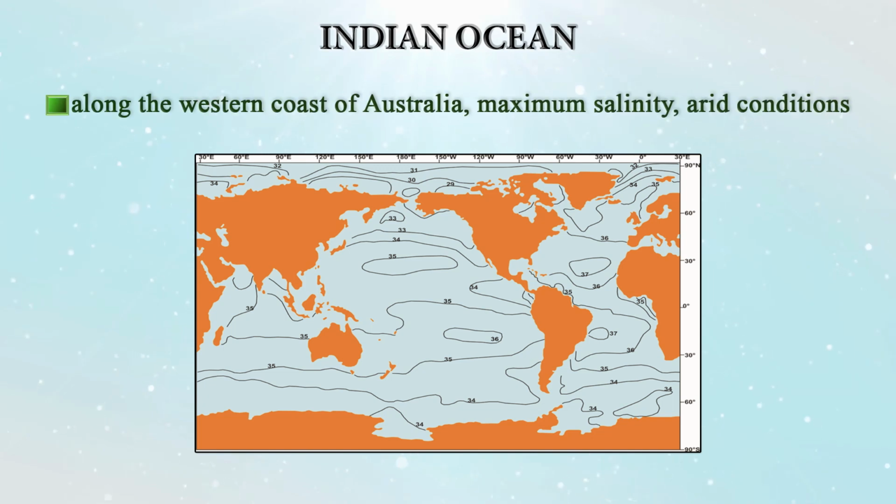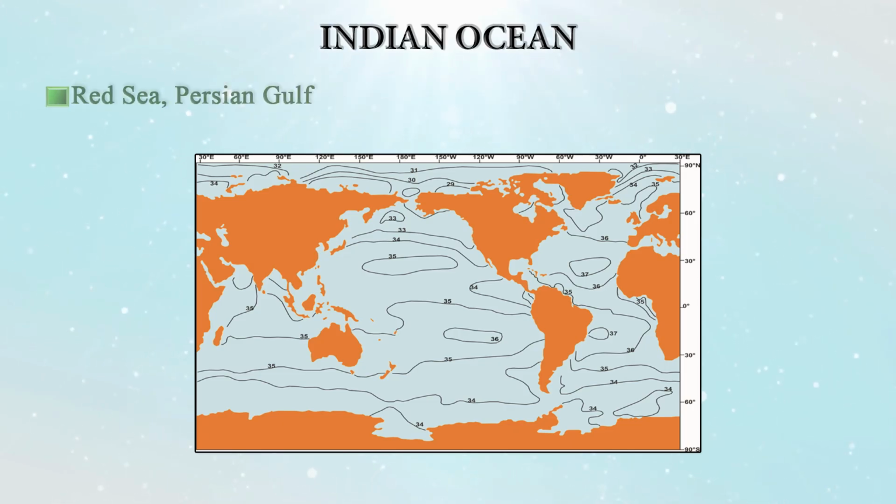And along the western coast of Australia, maximum salinity is found due to arid conditions prevailing there. You should also note that some of the enclosed or partially enclosed seas like the Red Sea and Persian Gulf record exceptionally high salinity in the Indian Ocean.